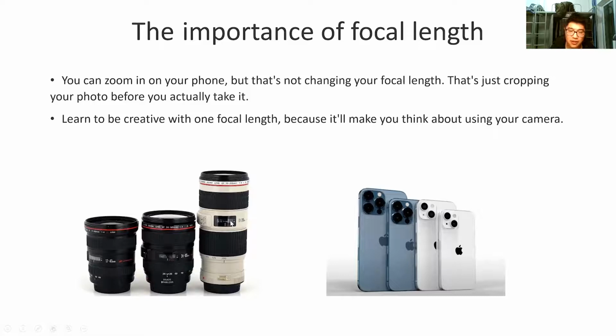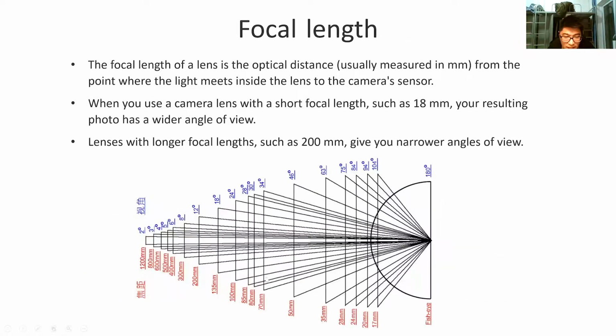And the importance of focal length. Sometimes when you buy or use lenses, you can see these parameters here, 70 to 200 millimeters. This means it can change from 70 millimeters to 200 millimeters. It means you can use this lens to capture images of this angle all the way to this angle.